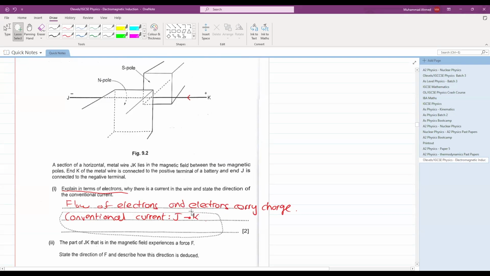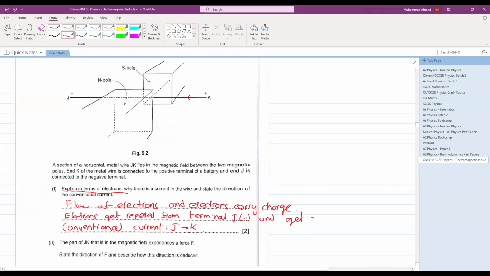Here you can also write that electrons get repelled from terminal J, that is the negative terminal, and get attracted towards terminal K, that is positive. You can also add this as a key point.